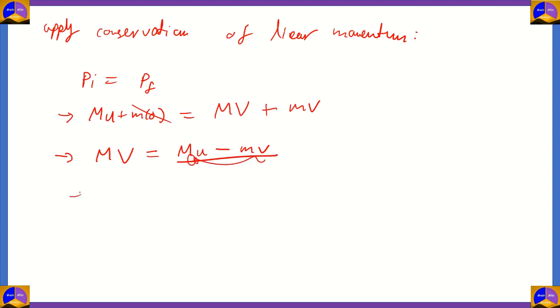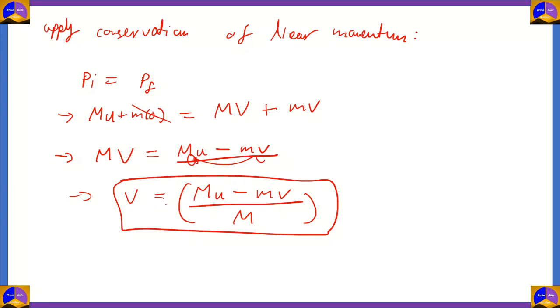So therefore we get uppercase V, that is the velocity of mass uppercase M, as equal to uppercase M times u minus lowercase m times lowercase v, divided by uppercase M. So this is the final velocity of mass uppercase M.